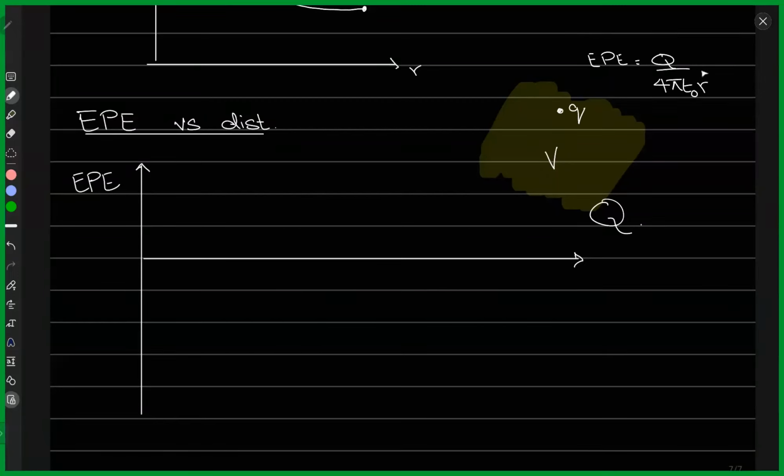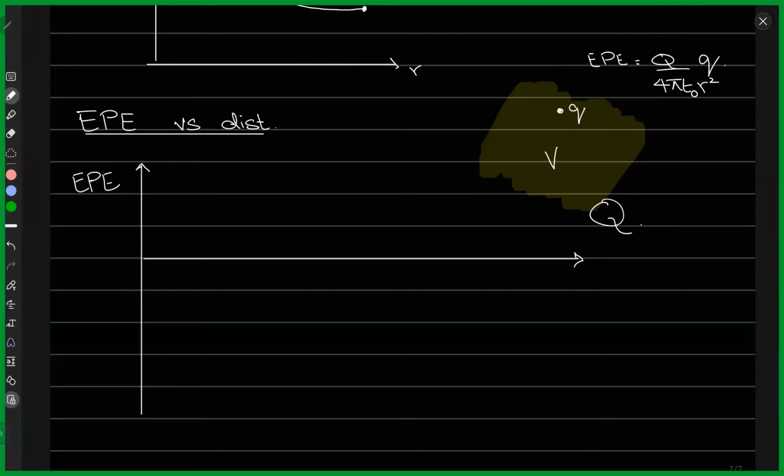I multiply this with the small charge q, and this gives me the electrical potential energy of the small charge q in an electric field produced by the capital charge Q.